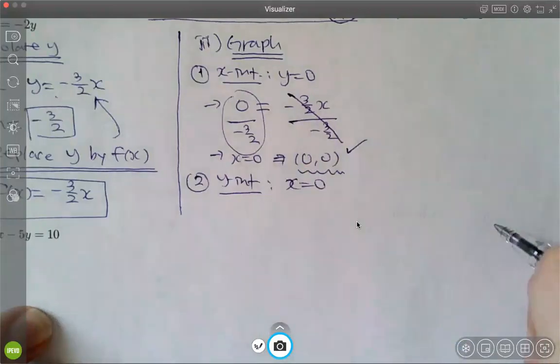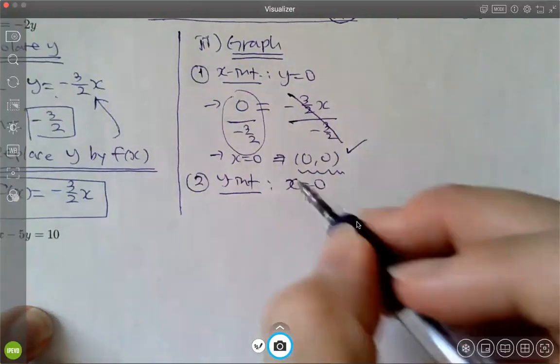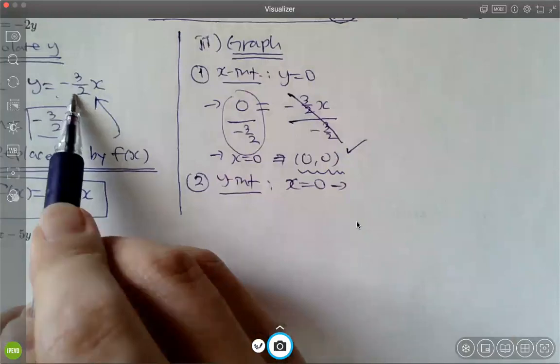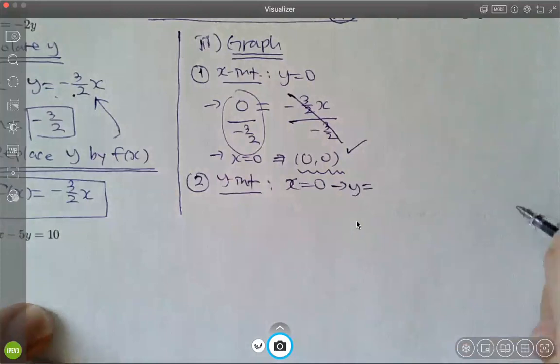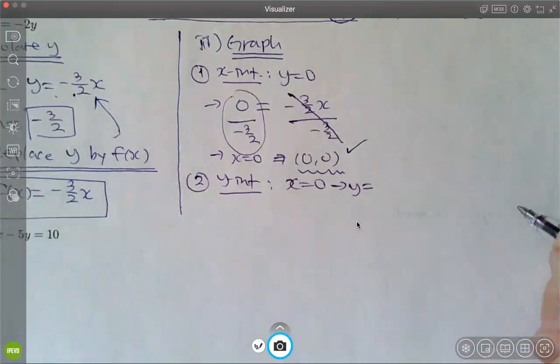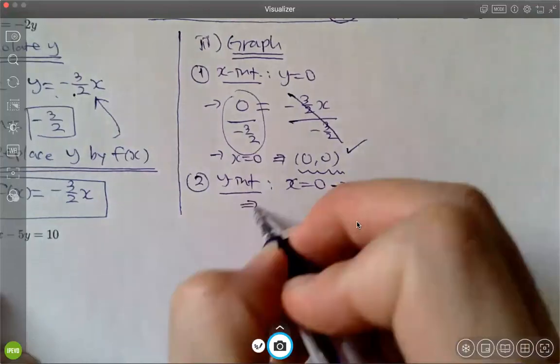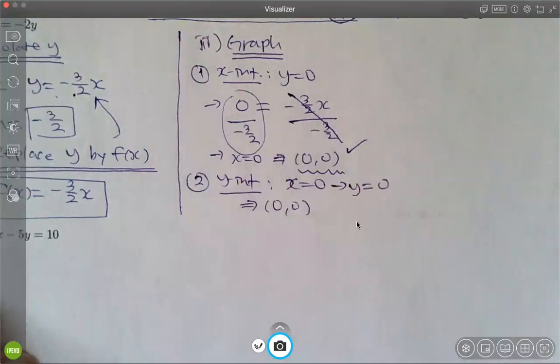When you set x to 0 from here, what do you get for y? Also 0, right? So what do you get? 0, comma 0.